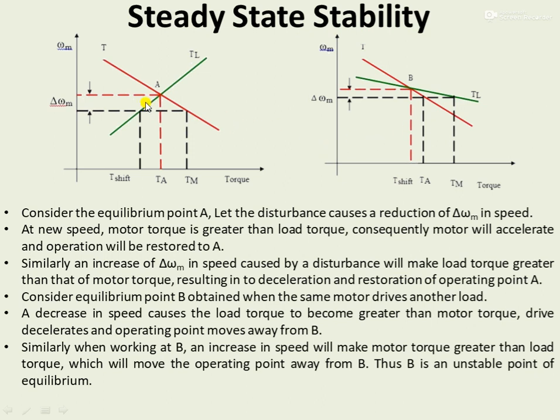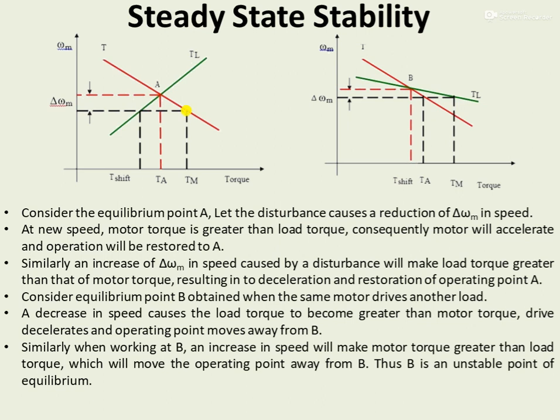In this example, we consider the equilibrium point A. Suppose due to the disturbance there is a reduction in speed, represented by delta omega m. At this new speed, the value of motor torque is very much greater than that of the load torque. Since the motor torque is greater than the load torque, this will result in an acceleration effect.